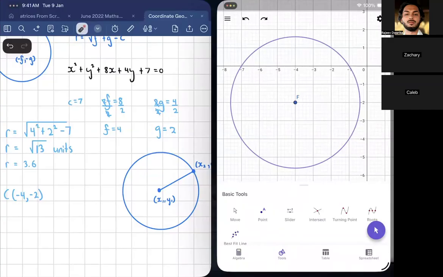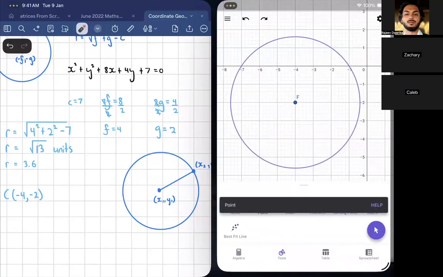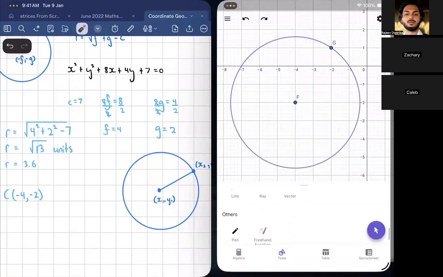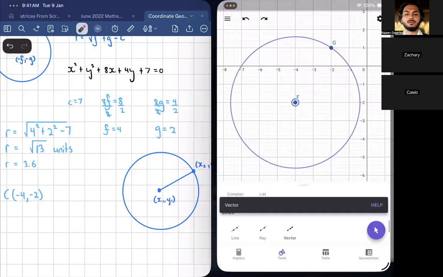It was weird. Just put a point over here. Okay, cool. Maybe if I do a vector. Okay.